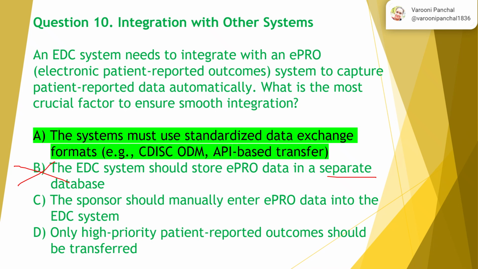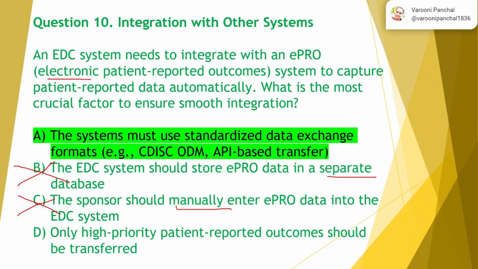Option C, the sponsor should manually enter ePro data into the EDC system. Now there is nothing called manual entering of data, right? It should be done electronically, because an ePro is your electronic one, right? So you should not do all these manual entries when you have a digital form. Option D, only high priority patient reported outcomes should be transferred.